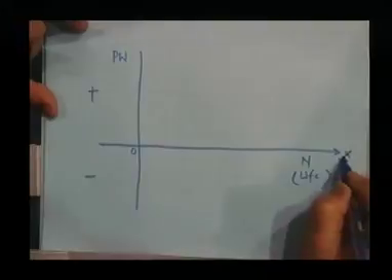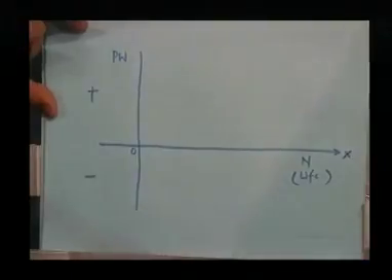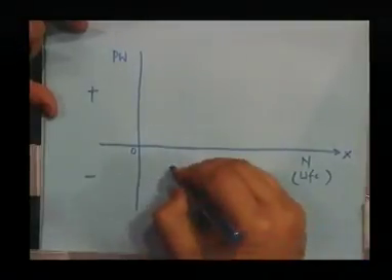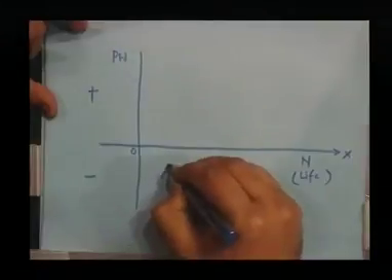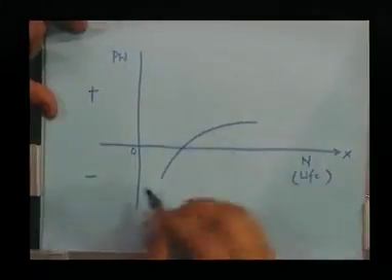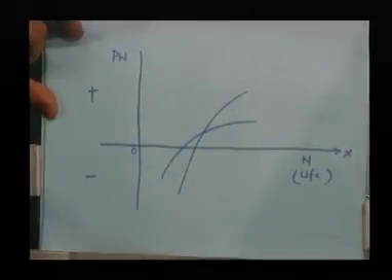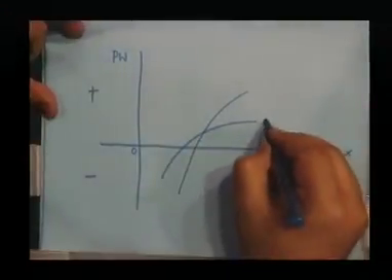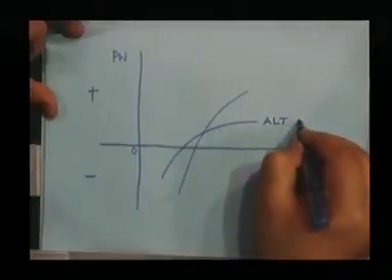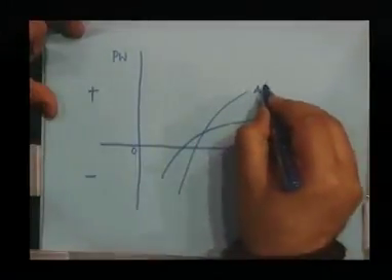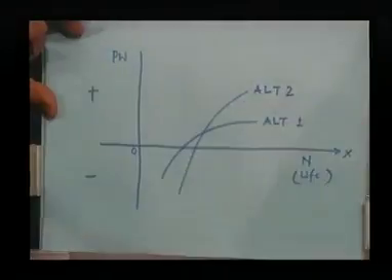This is on x axis. You may get a curve like this. This may be for alternative 1. This may be for alternative 2.